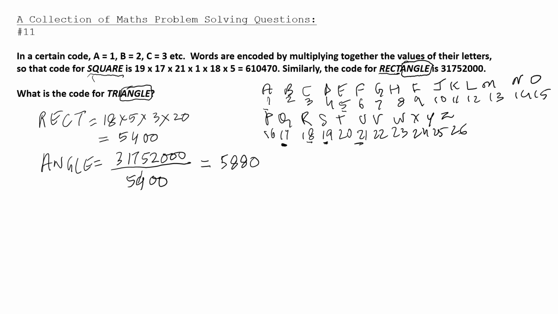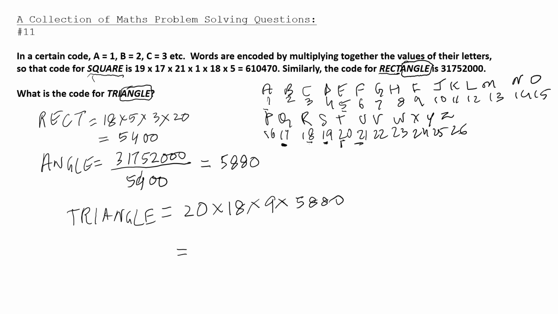So this means triangle would be 20, because T is 20, multiplied by R, which is 18, multiplied by 9, I is 9, and that would be multiplied by 588, and that would give me 9 times 2 is 18.